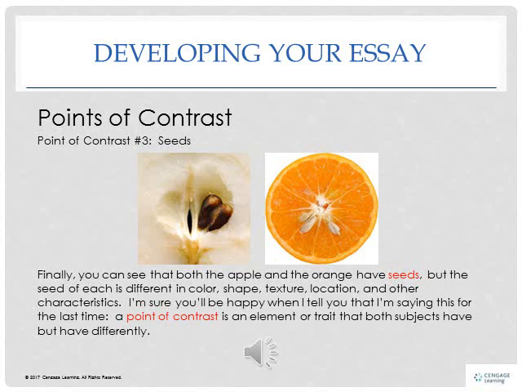As you can see, both the apple and the orange have seeds, but the seed of each is different in color, shape, texture, location, and other characteristics. Now, as I have written here, I'm sure you'll be happy when I tell you that I'm saying this for the last time. I think I am. A point of contrast is an element or trait that both subjects have, but have differently.